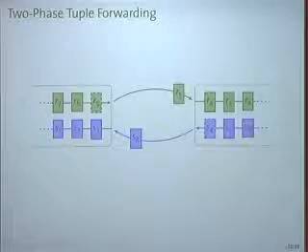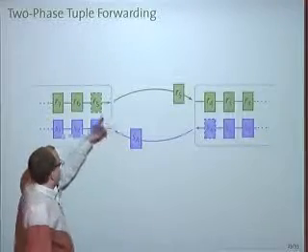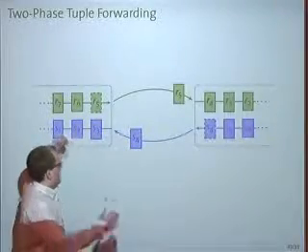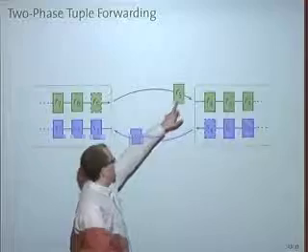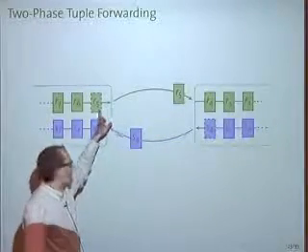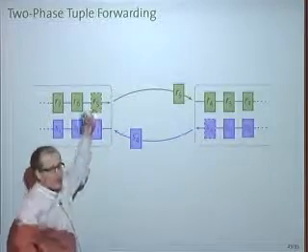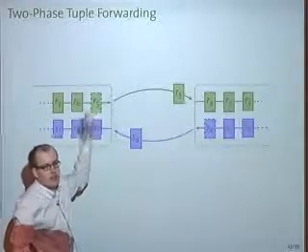While this tuple is in that queue, this core doesn't remove it yet. It basically says, well, I sent out this tuple, but I'm still responsible for matching it with anything that comes in.